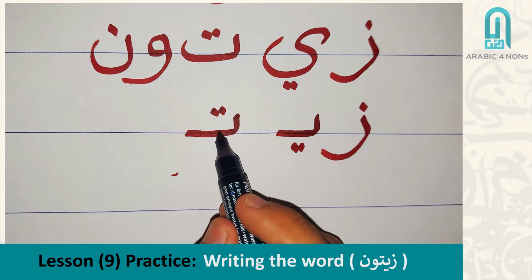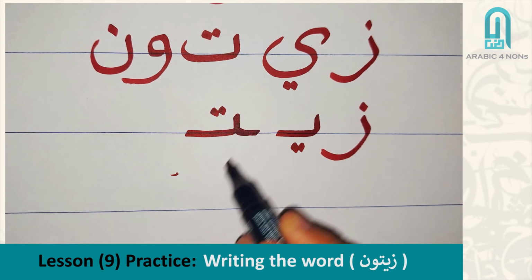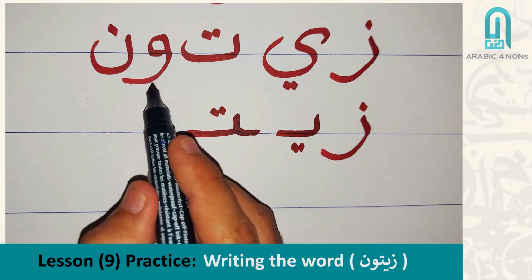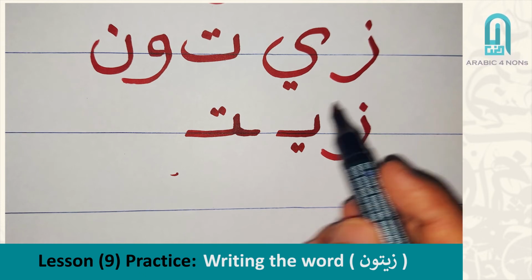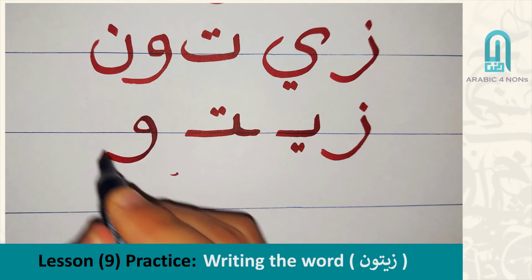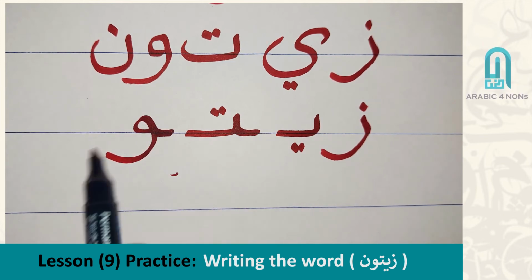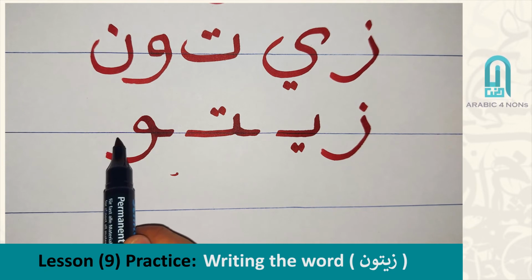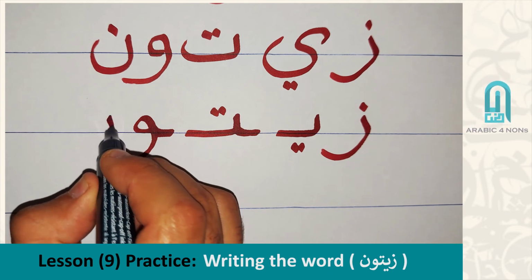And because it's a middle face, it's going to be joined from both sides, so we stretch a line here. Letter W is the same case as letter Z, it can only be joined from the right side. So whenever we write it, we only stretch a line to the right, while we leave it free from the left. And lastly, this letter, we write it the same, like this.